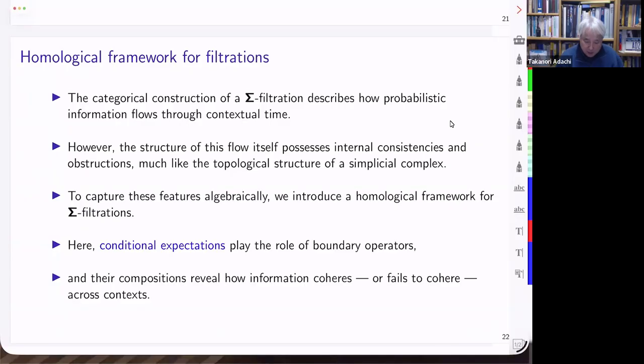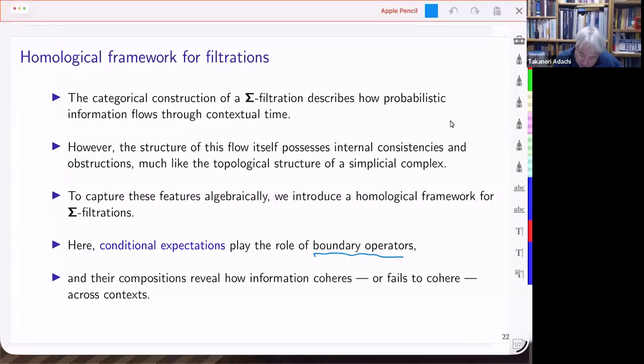Okay, and to make homological structures, we need some structure, and that is the boundary operator. The boundary operator is necessary, and this important boundary operator is created through our conditional expectation.